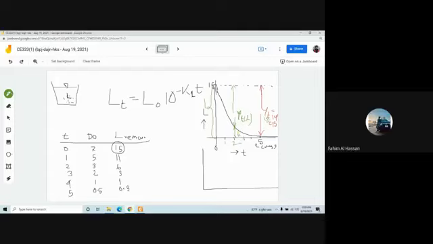Yes, sir. Again, Yt equals L0 minus Lt. If you subtract these from these, you will get this. So Yt equals L0 minus Lt. Is it clear?